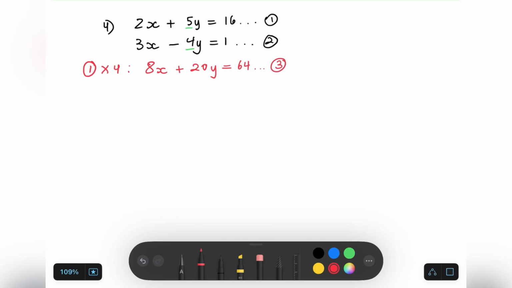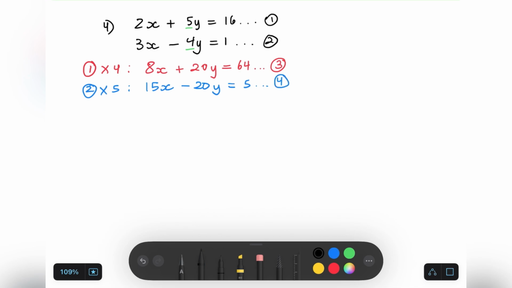And then I multiply equation 2 by 5, since 4 times 5 is 20. So every term, equation 2 times 5. 3x times 5 is 15x. Minus 4 times 5 is minus 20y. And then 1 times 5 is 5. So this is my new equation 4.